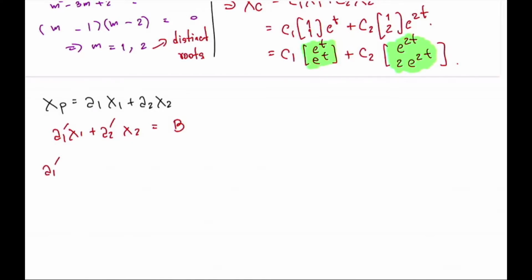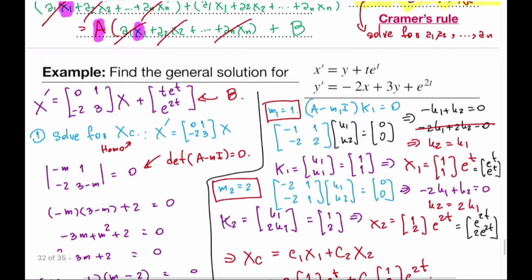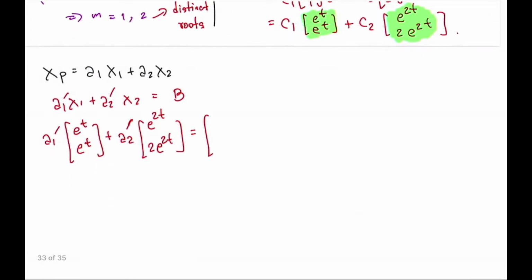What is x1? x1 is e to the t, e to the t, plus a2 prime. What is x2? It is e to the 2t, 2e to the 2t, right? Equals b. Our vector b is t e to the t, and e to the 2t. So we have t e to the t, e to the 2t.